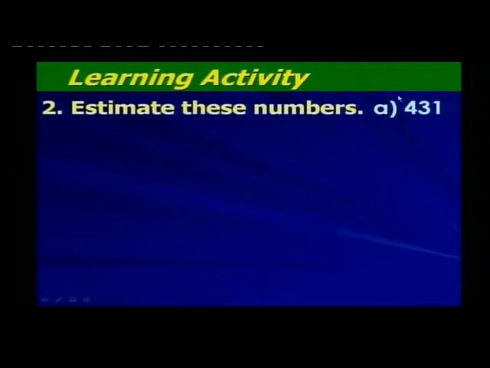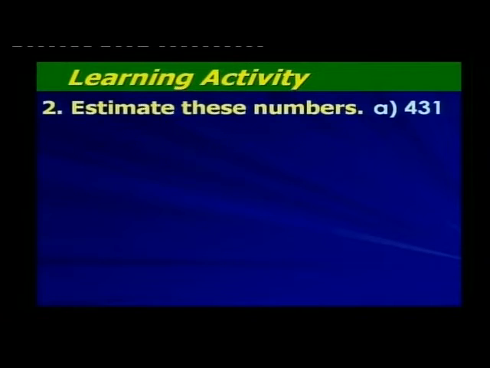Let's have a look at these three numbers here. In order for us to make a good estimation, let's look at the first and the second number. 3 is the second number in this figure. What can you say about 3?